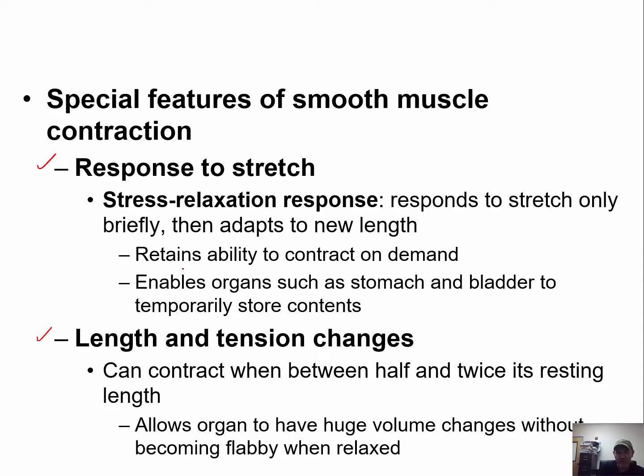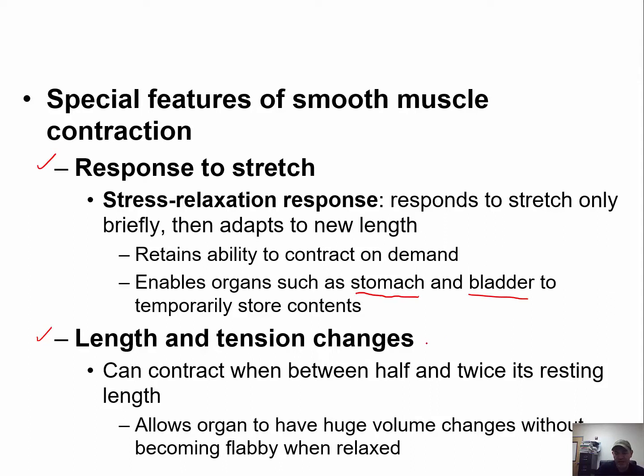What this allows is that the smooth muscle retains its ability to contract on demand, even though it may be stretching. This is good for organs that do need to stretch, like the stomach if you eat a big meal, or your urinary bladder when it fills with urine. You need to be able to stretch outward, yet the smooth muscle still needs to be able to contract to push the contents out of the organ. And then length and tension.